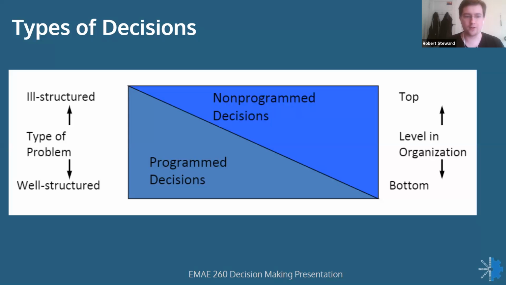As you can see on the sides, programmed decisions are more likely going to be made by people who have less experience or who are newer to the projects, whereas the non-programmed decisions are going to be made by the higher level people within the project.